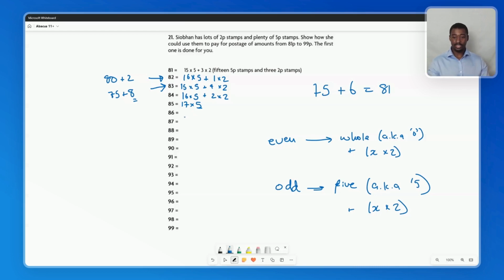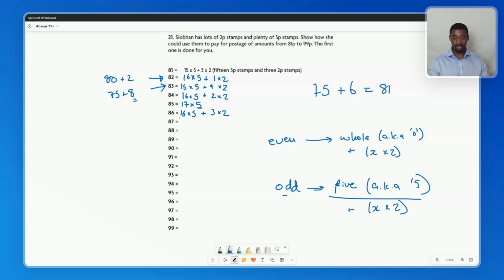And then 86. So here, let's go to 80. So we'll do 16 times 5 to get to 80. And then we're going to add on the remaining 6. So 3 times 2. 87. Well, now we can go to 85 as the number ending in 5.